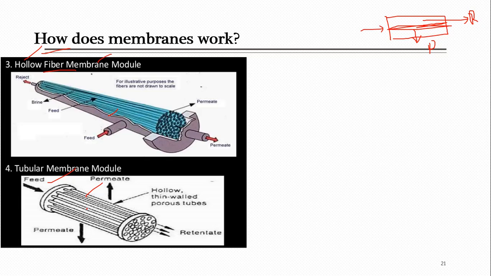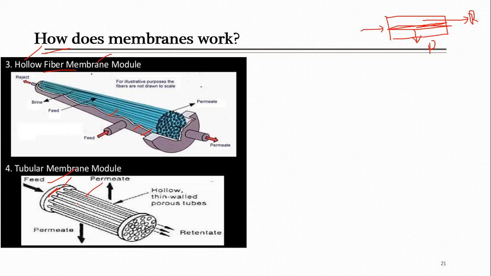If you remember, there is some shell, which is not actually shown here outside this, but in the above diagram you can see a shell, and inside there are the tubes. There was something called a tube sheet, which is also present here in this membrane. These tubes are fixed to the tube sheet, and the feed enters from one side.